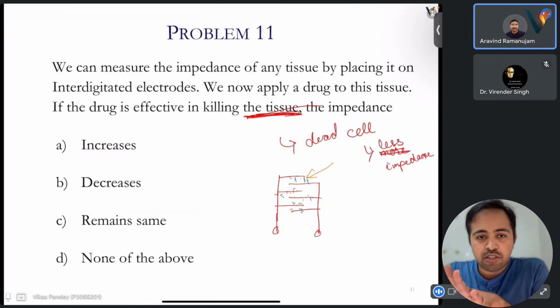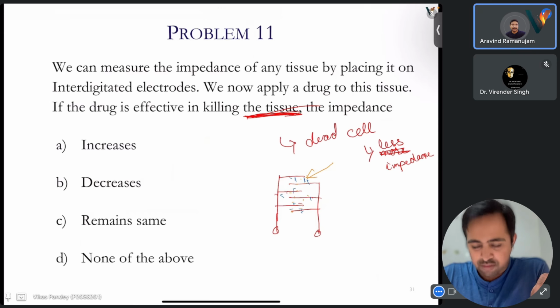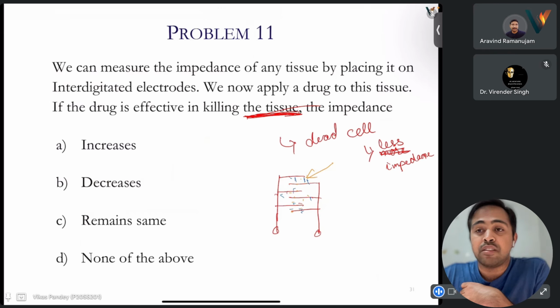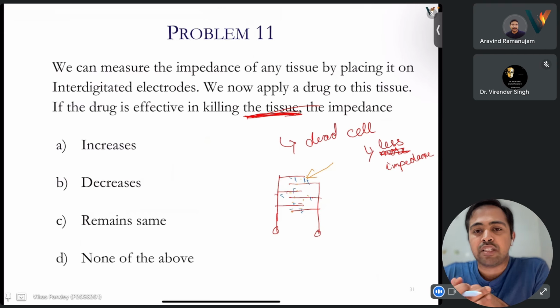It is related to charge only. So think about the answer. The water molecules in the tissue produce some kind of conductivity. Once the tissue was dead or killed, the impedance may change. Yes, the impedance will decrease because now that thing will not be there. That insulating part is removed, in a sense, you can say, right?